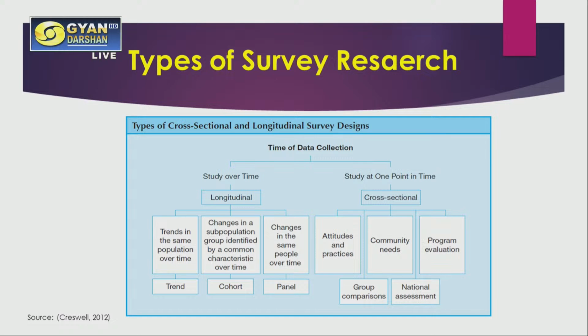in trend studies, a population will be studied over a period of time, while in cohort study you will not study the entire population, but you will select a subset of the population, and that subset, which we call the cohort, will be studied over a period of time. Say for example, your population is the entire 10th class students from Delhi.